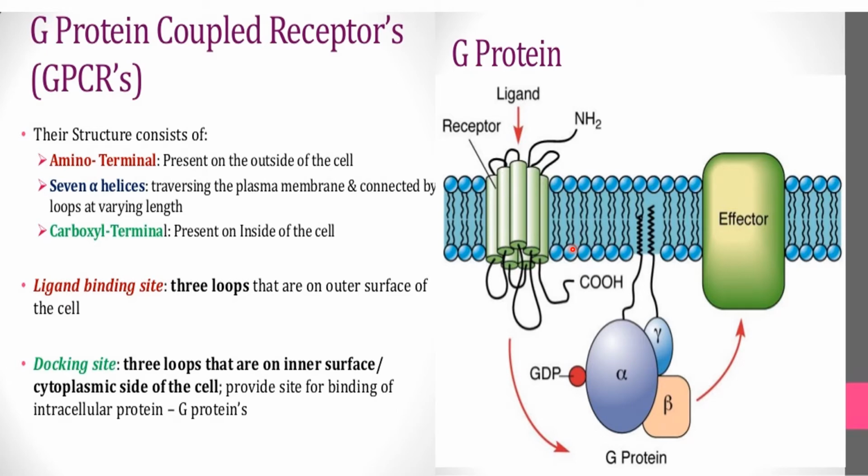Alpha is the movable subunit, while gamma is for the anchoring of G protein into the cell membrane. The alpha subunit has a binding site for GDP. This subunit alpha is displaced to the effector molecule. Effector may be any of the enzyme, while the rest of the structure remains in place.